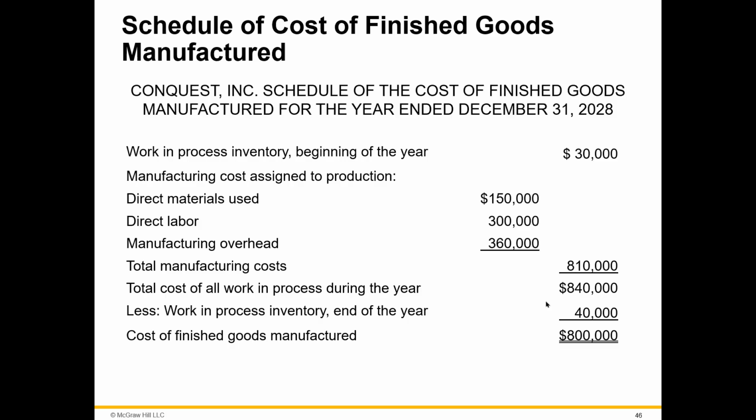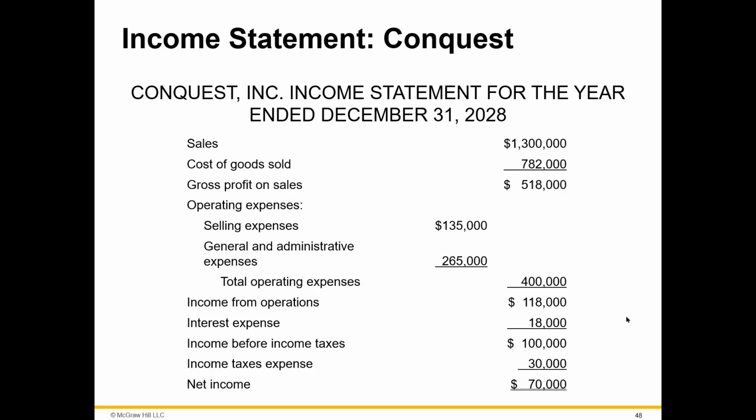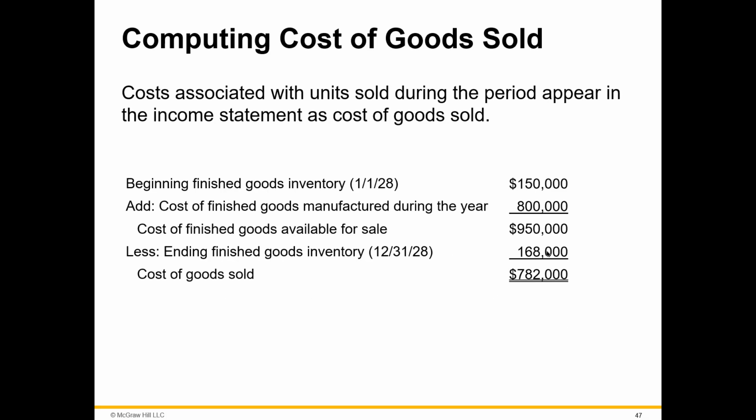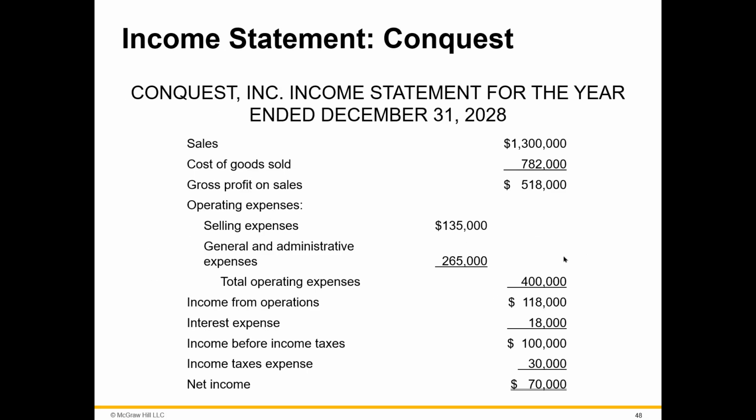It looks like I don't have my materials inventory directly tracked anywhere, but work in process inventory at the end of the year was 40. So let's check and see if this is 40. There it is. And finished goods looks like it was 168, and there's my finished goods inventory of 168.